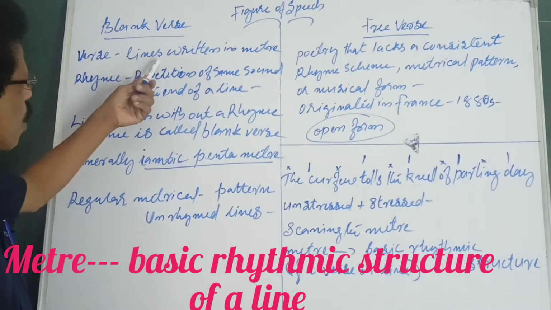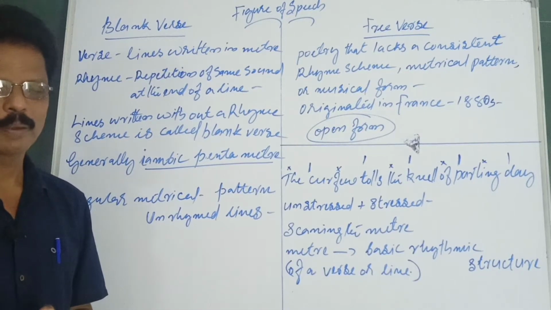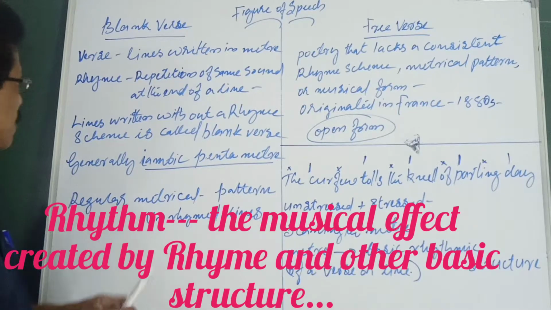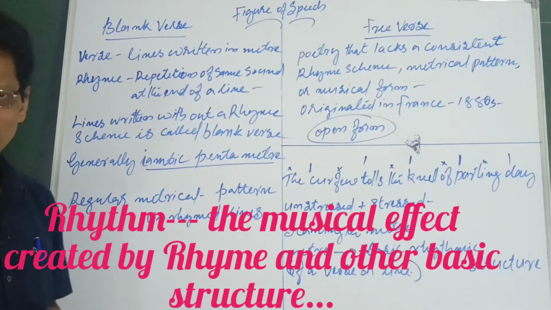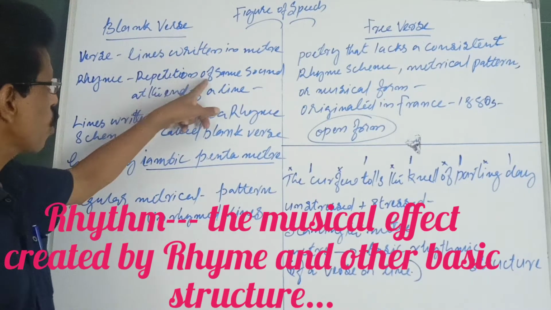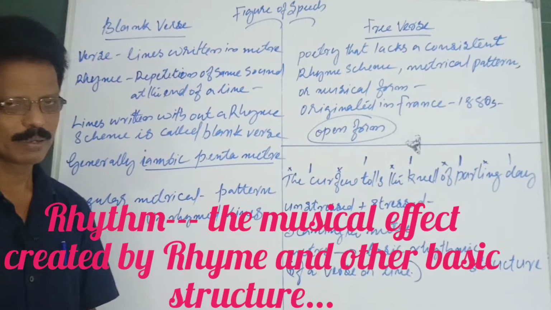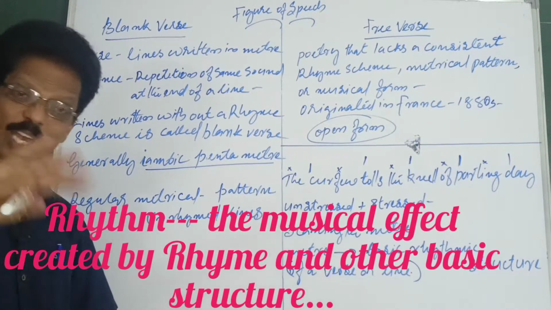How do you get the structure in the lines of a poem? First of all, it will have a rhyme scheme. What is a rhyme scheme? It means repetition of the same sound at the end of a line. The same sound will be repeated, not in the same way in every line.